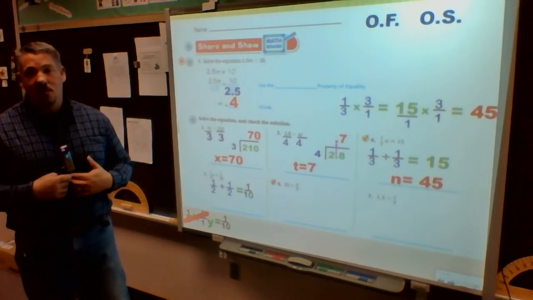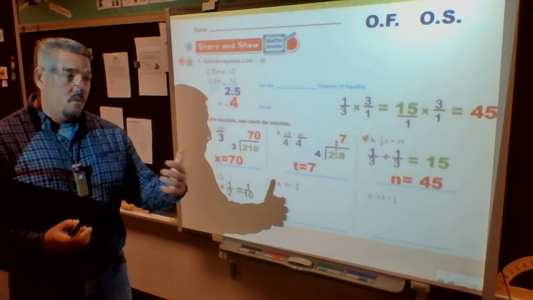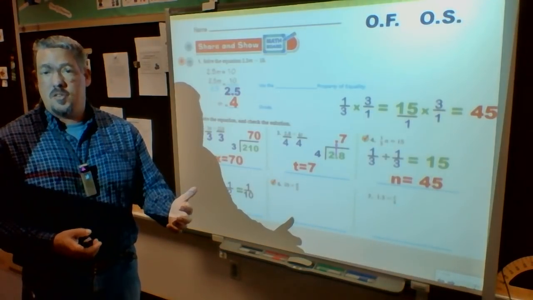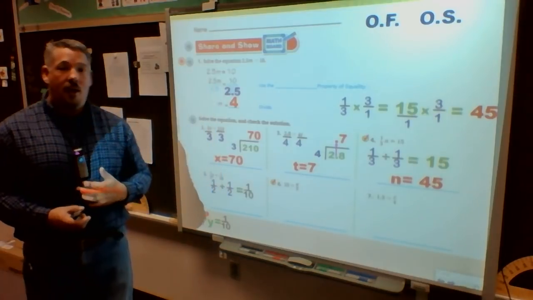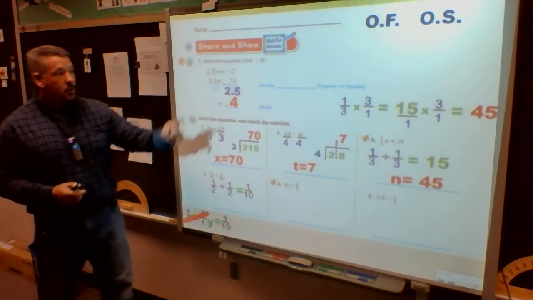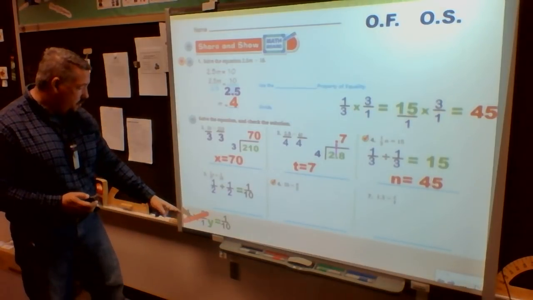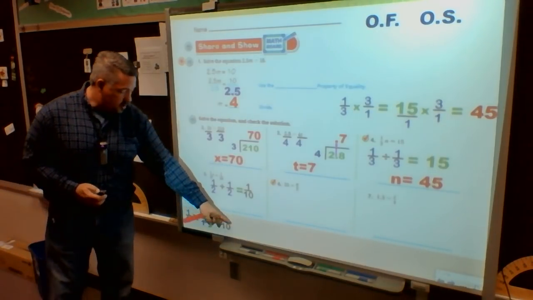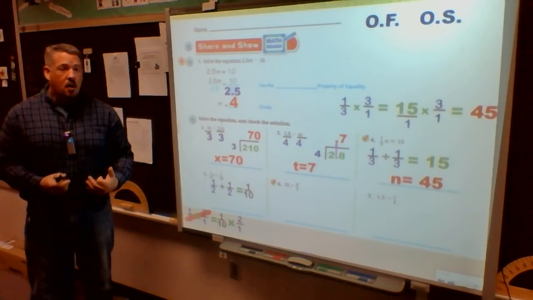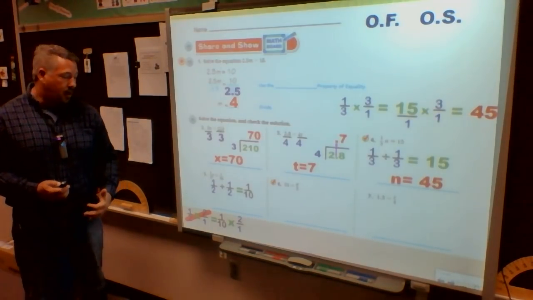Some of you want to erase. I would strongly advise not to erase because when it comes to the ISTEP test, if you just erase stuff, they can't count it as showing work. I would just put a line through it so you know it's done, cancel it out, and I'm just left with my y. But I'm going to do it on the opposite side, which is step 2. I had multiplied by 2 over 1, so here I'm going to multiply by 2 over 1. Cross reduce if I can, or you could just multiply across.